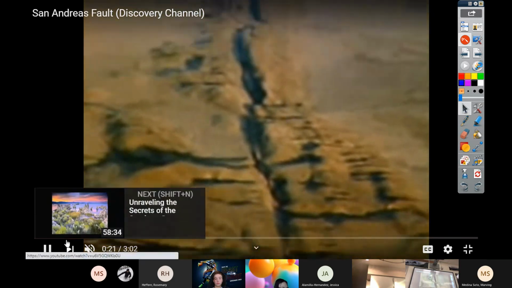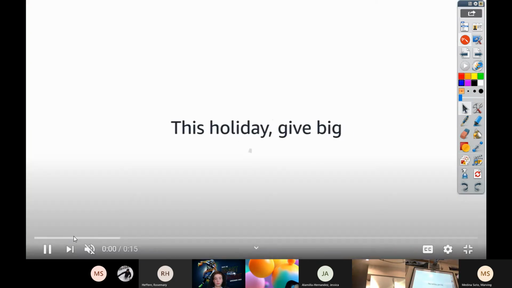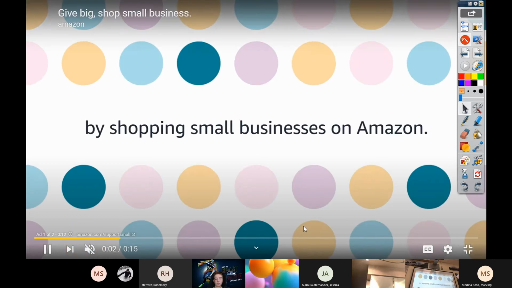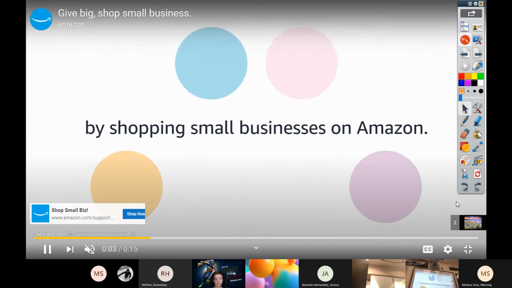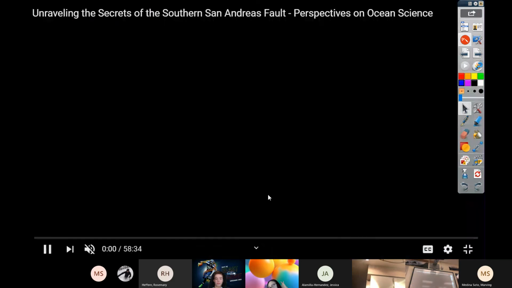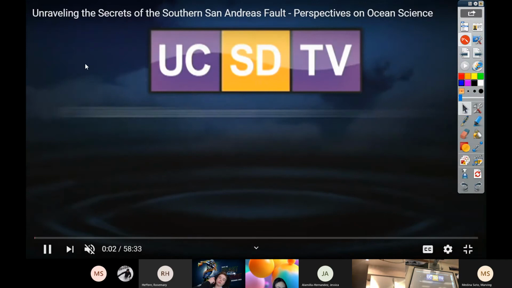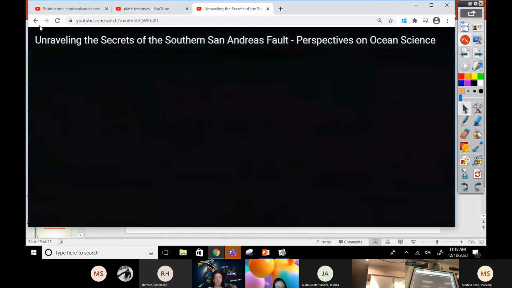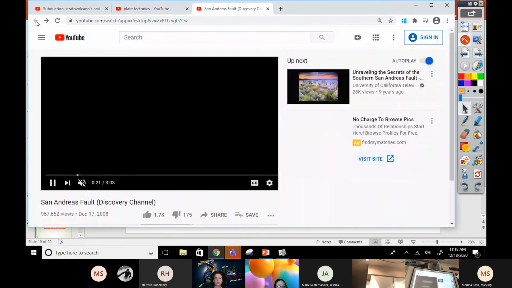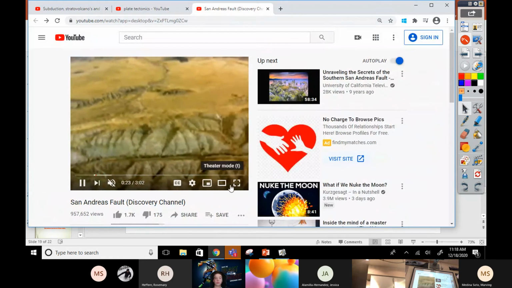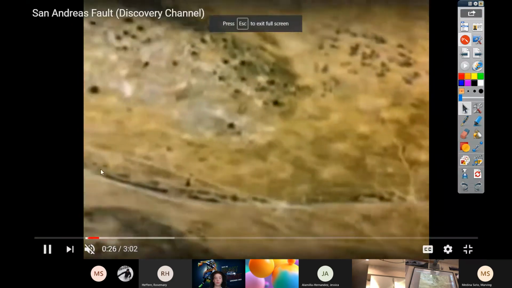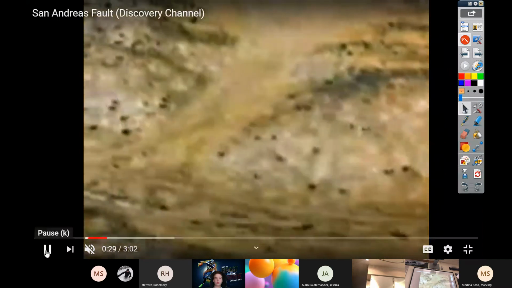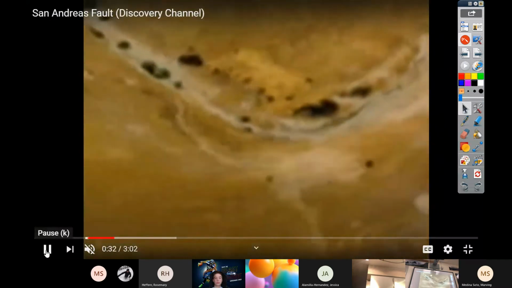I really like this image because you can see it's kind of a scar. I want to pause, dude. Sorry about that. I just can't keep up with how fast it was moving.